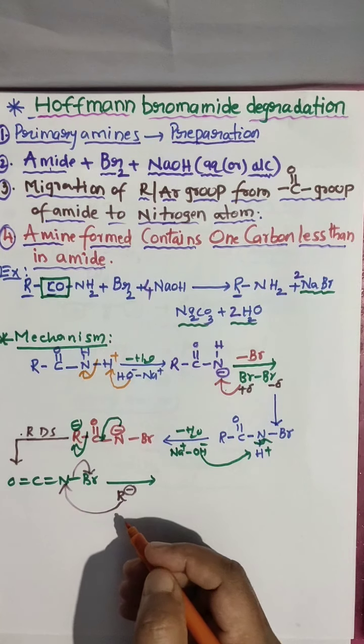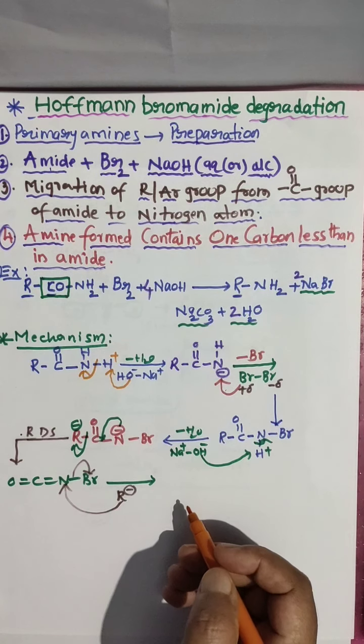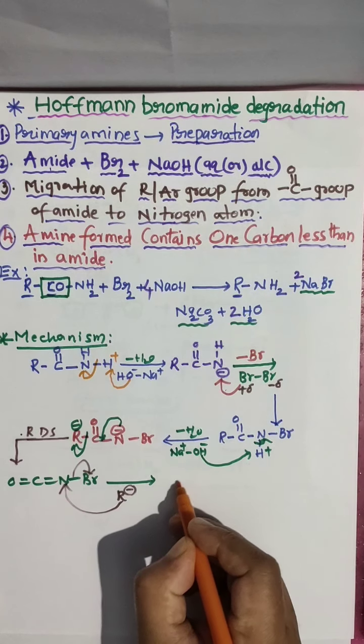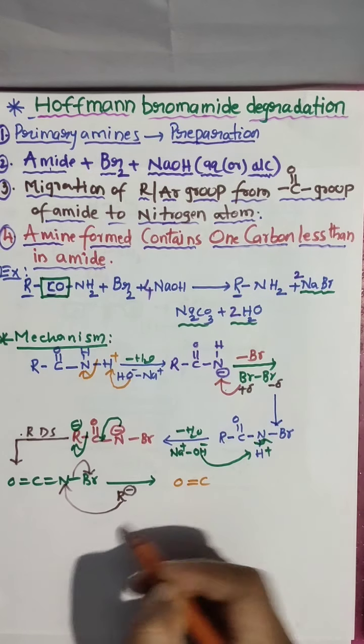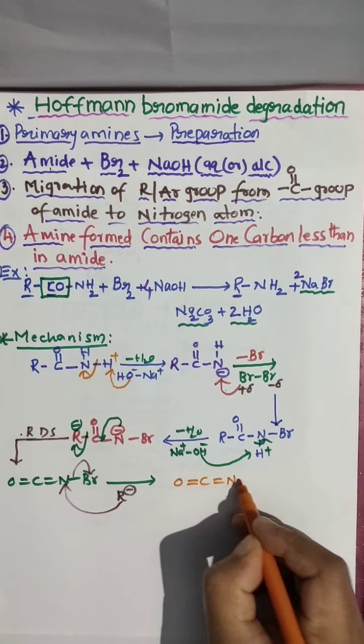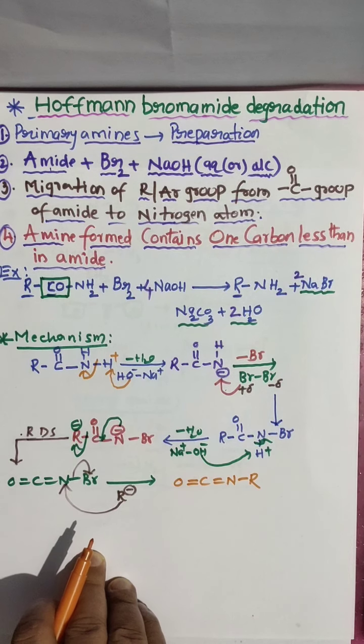Then the next intermediate you are getting, when it is shifted to here, O=C=N, R is bonded here. Bromine is out. So bromine is eliminated.